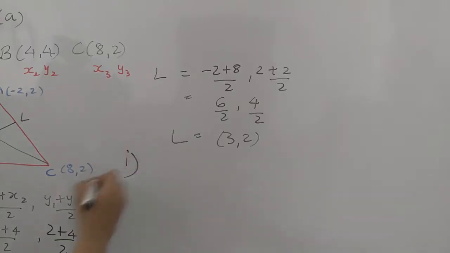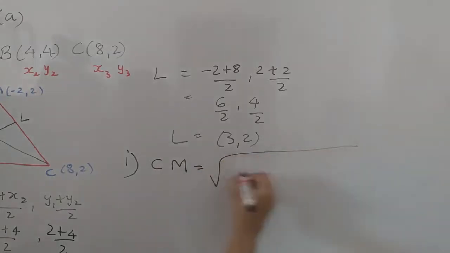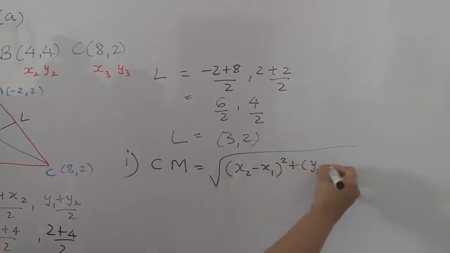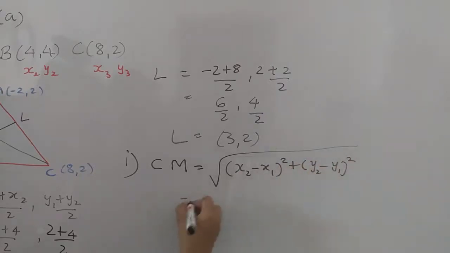The median to AB is CM. For the length of CM, we have to use the coordinates of C and M. And the formula for distance is the square root of (x2 minus x1) whole squared plus (y2 minus y1) whole squared. That is also given in our first video, how the distance formula is derived. I take points C and M. Whichever you choose as first or second doesn't matter.